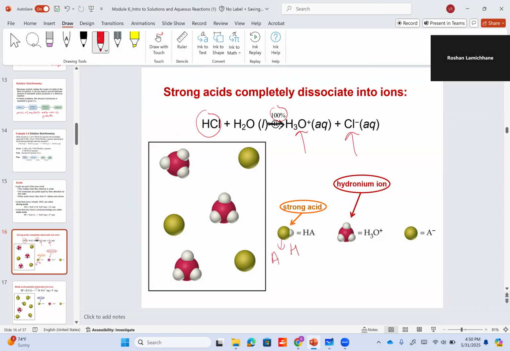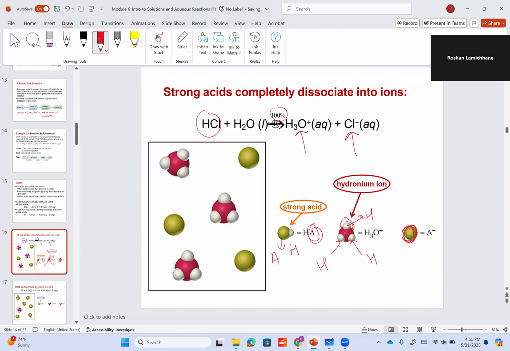So that's my acid right here. This is my hydronium H3O plus. These are my hydrogen atoms, and the red sphere is my oxygen atom there. And that greenish yellow is the A part of my acid.